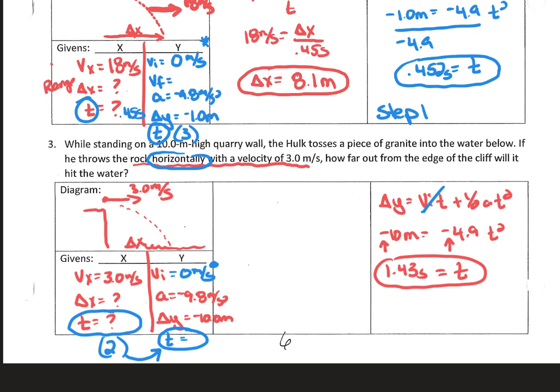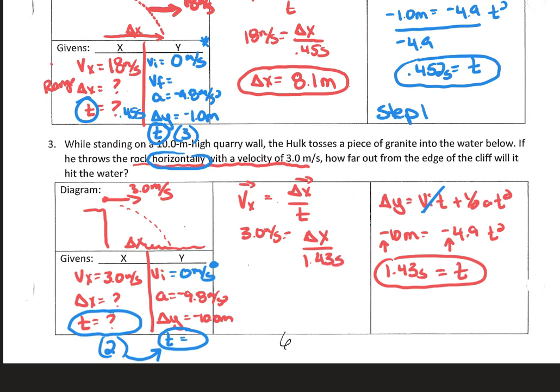Let's go ahead now and use our horizontal motion. We've got Vx in the horizontal equals our range over our time. How fast it's going, we know is 3 meters per second sideways. We don't know the range, and we know it takes 1.43 seconds.